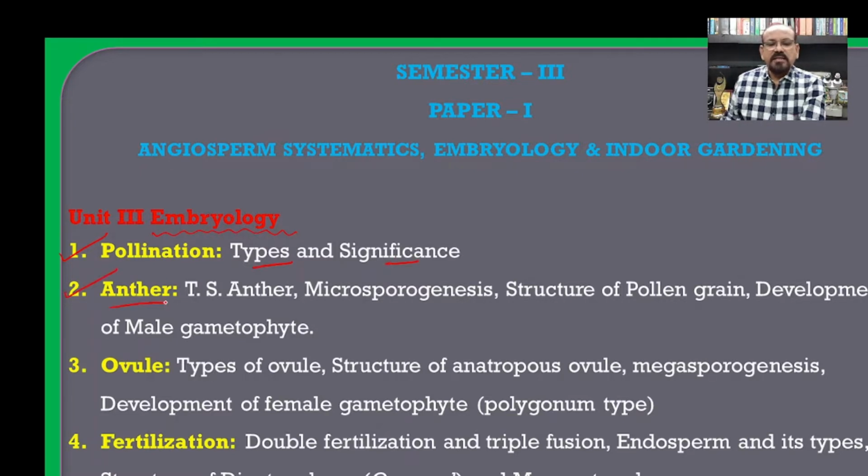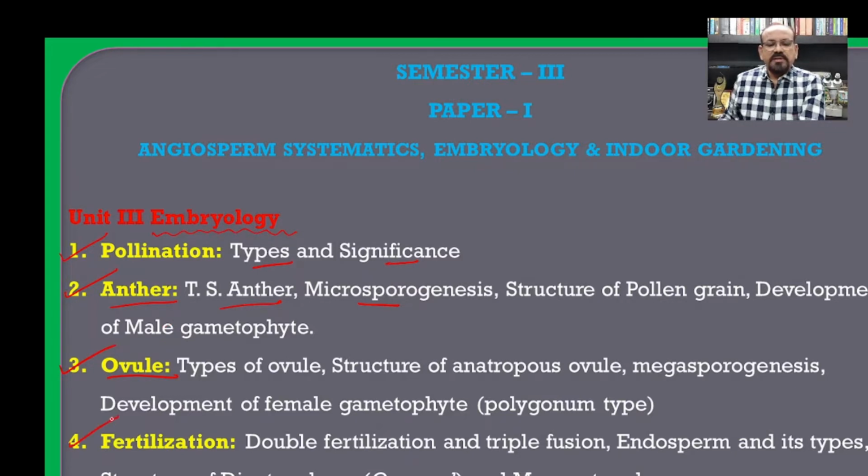The second one is the anther, that is the TS of anther, microsporogenesis, structure of pollen grain and development of the male gametophyte. The third topic is the ovule, that is the types of ovules, structure of anatropous ovule, megasporogenesis, and development of the female gametophyte, that is the polygonum type of development.